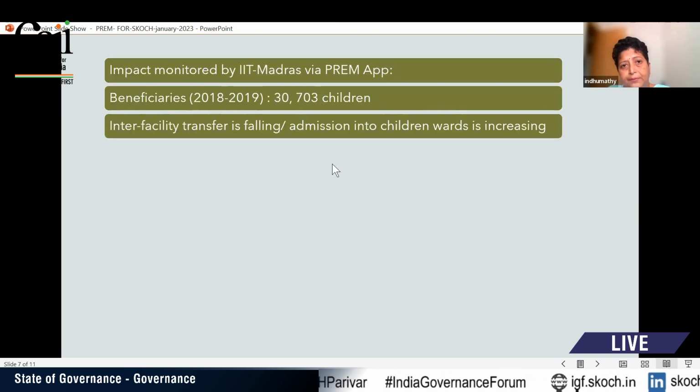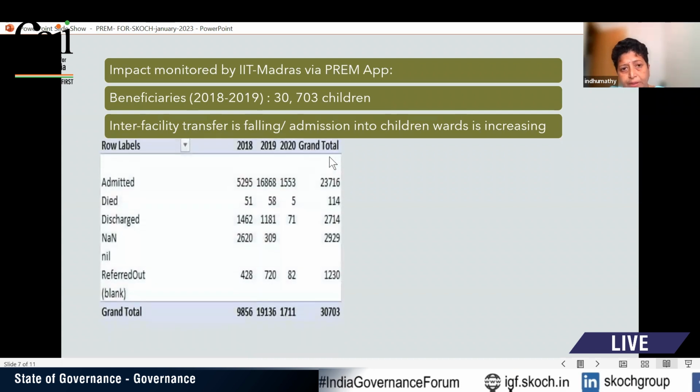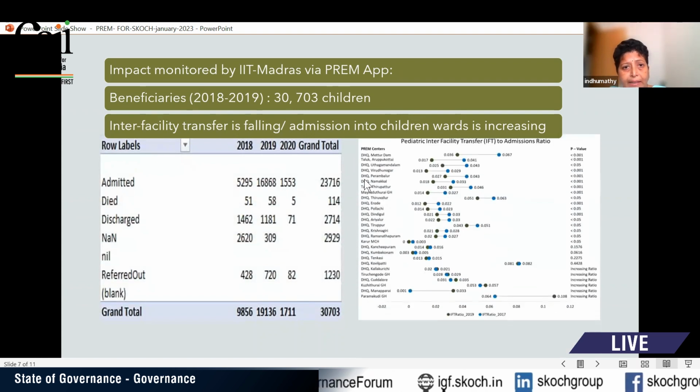This was monitored every day on a PRAME app developed by IIT Madras, and they showed that over the next 2 years, around 30,000 seriously ill children had benefited. And we found that interfacility transfer was dropping in around 18 district headquarters hospitals, and these hospitals are also showing an increase in children's ward admission because people were feeling more confident in these hospitals.